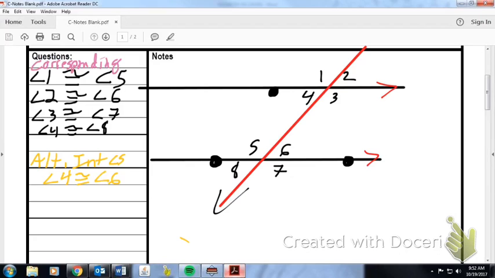Now for bell work today, you wrote down the alternate interior angle postulate and the corresponding angle postulate. So notice when I wrote down the corresponding pairs and the alternate interior angle pairs, I wrote down that 1 is congruent to 5, 2 is congruent to 6, 3 and 7, 4 and 8, and not only that, but those alternate interior angles are also congruent.